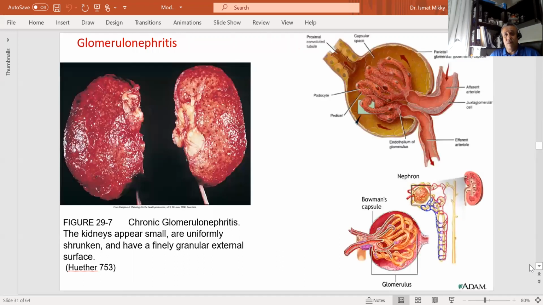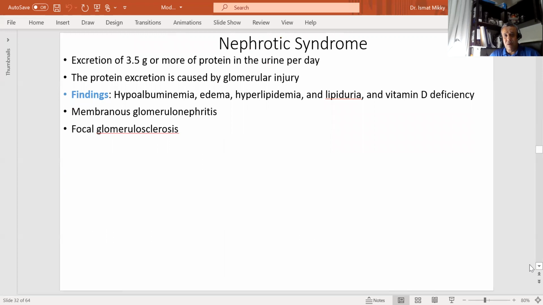In nephrotic syndrome, the patient will develop a significant loss of protein in the urine, over 3.5 grams per day, associated with hypoalbuminemia and hyperlipidemia.